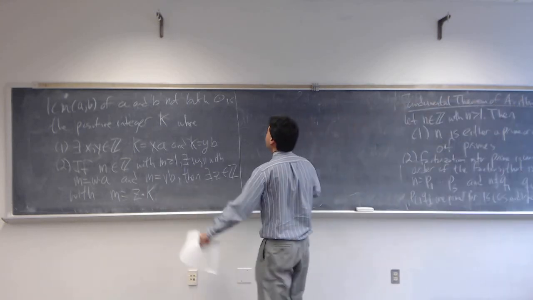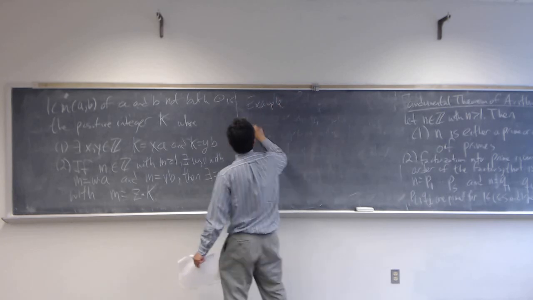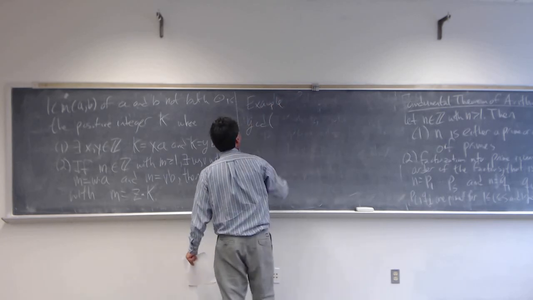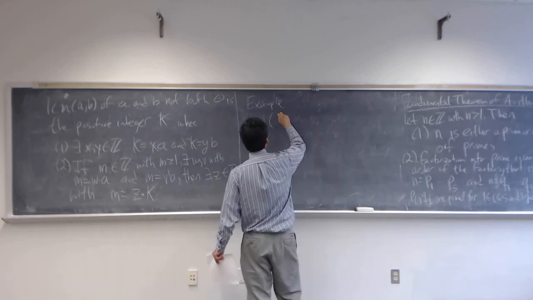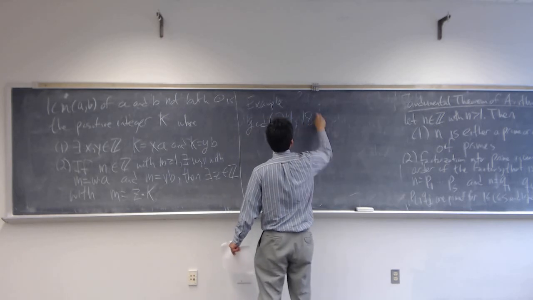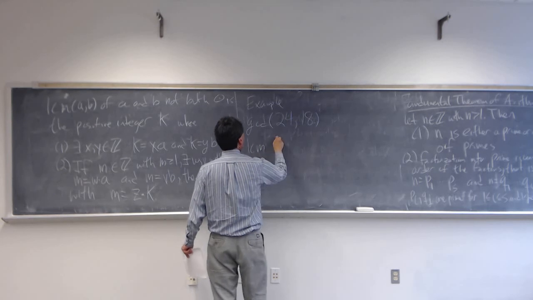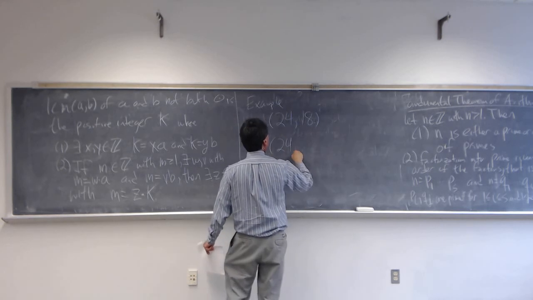So as an example, let's find the GCD of 24 and 18, and the LCM of 24 and 18.